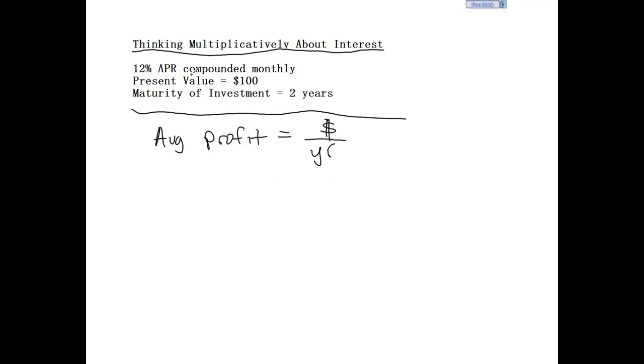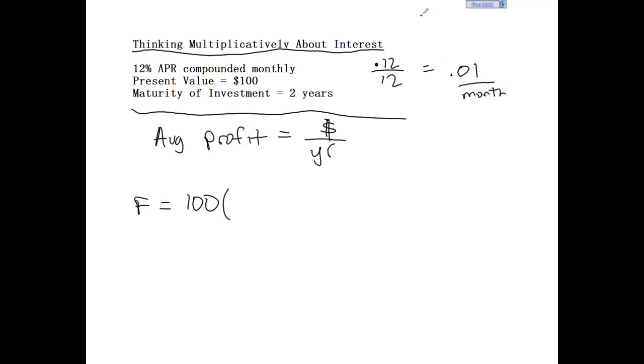So we know that in this particular instance, if we have a present value of 100 and an APR of 12% compounded monthly, we could calculate future values by taking the present value times the monthly growth rate. If it's 12% compounded monthly, in decimal form divided by 12, that gives you 0.01 per month.